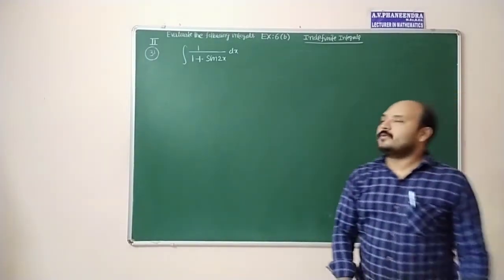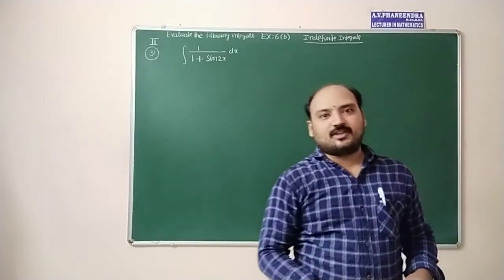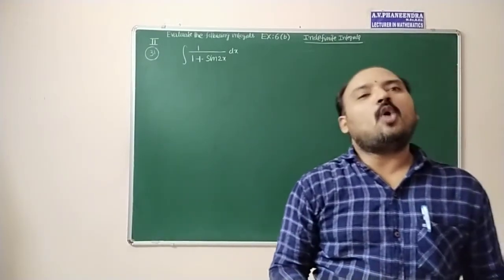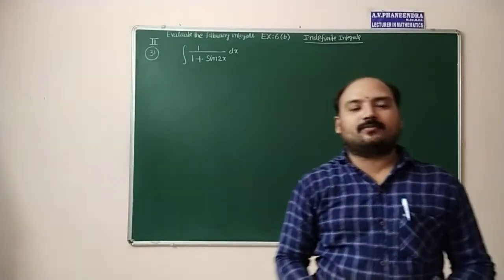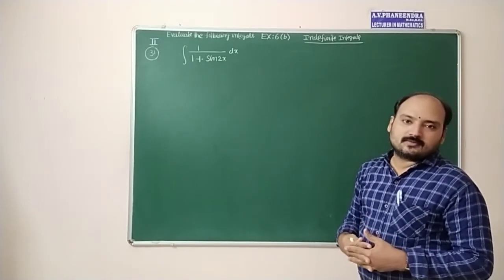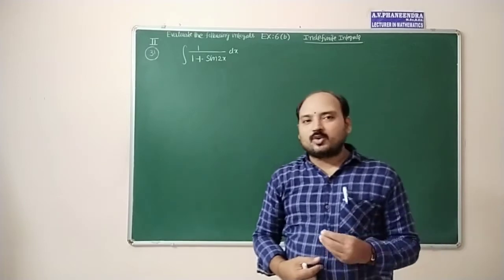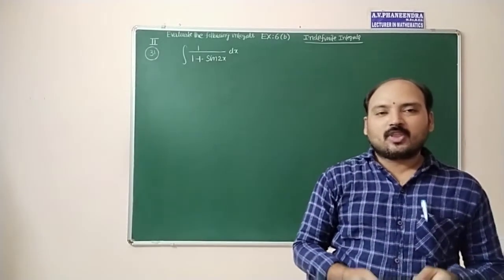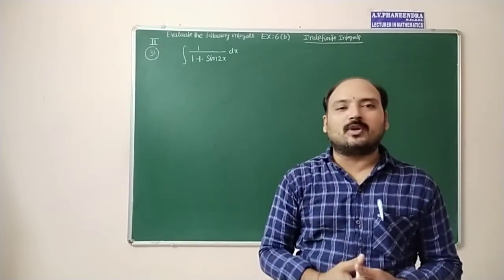The next question: evaluate integral 1 by 1 plus sin 2x into dx. How to proceed? Here, one method is to write sin 2x in terms of cos. That means cos of pi by 2 minus 2x is equal to sin 2x only.